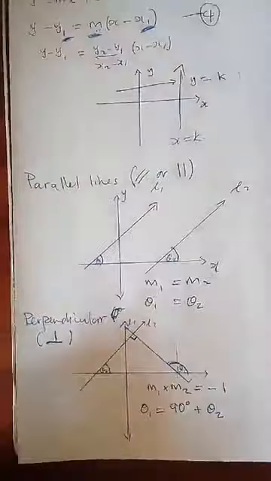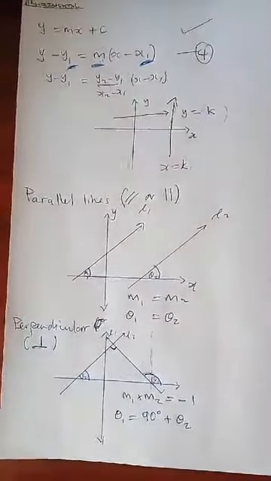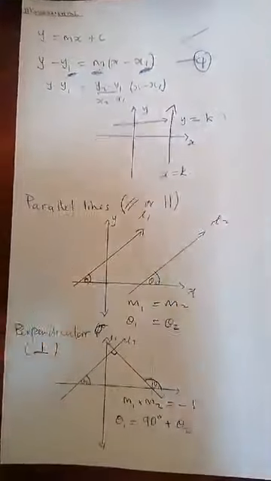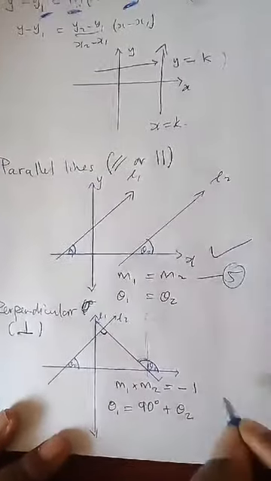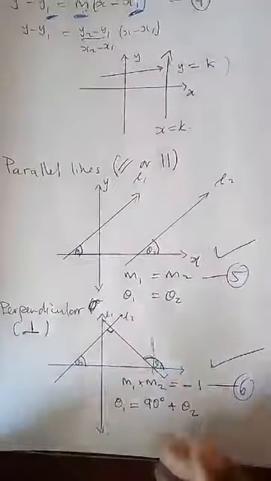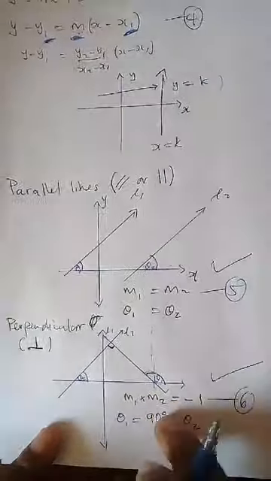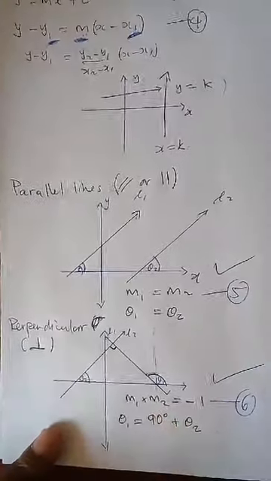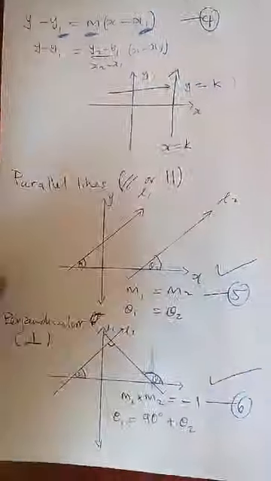So yeah, it's something that is useful to know. Might not come up a lot, but it's useful for you to know. The important results here are this one for parallel lines and this one for perpendicular lines. This will be very important when we work with tangents, because a tangent will always be perpendicular to the radius of the circle.